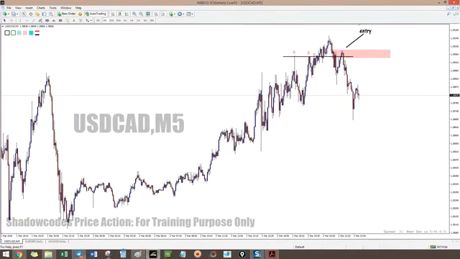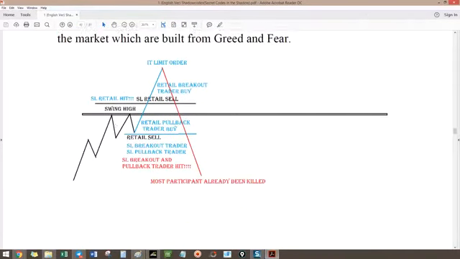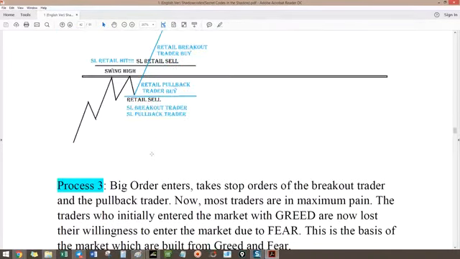All right. And then let's look here. We need a pullback like this. Wait a moment. Okay, so we need a pullback like this, and then it goes like this. All right, and then it goes down like this.